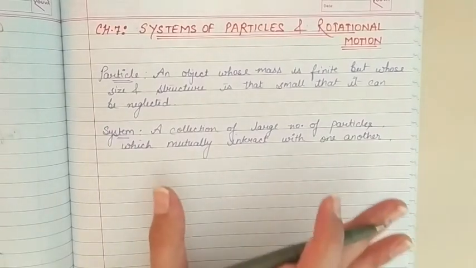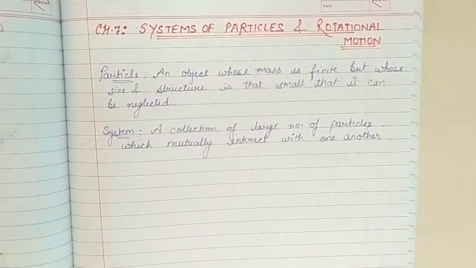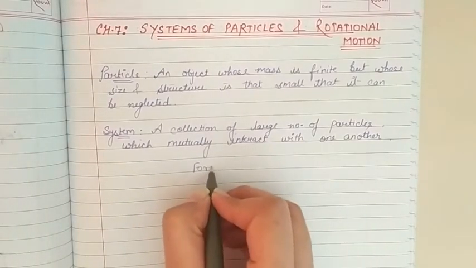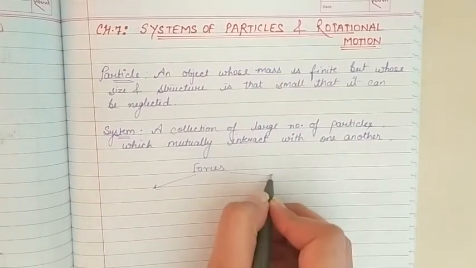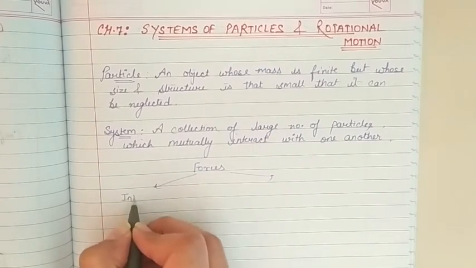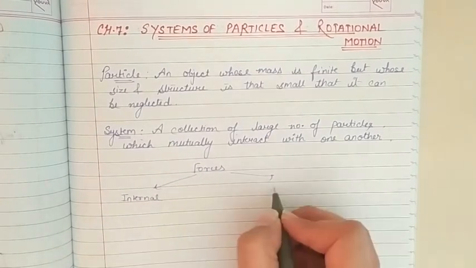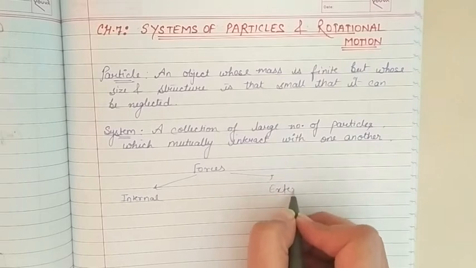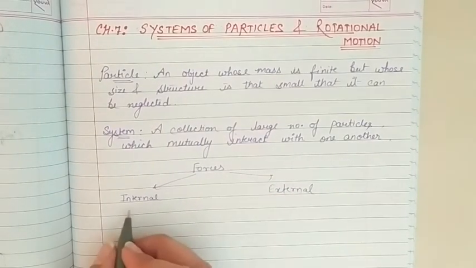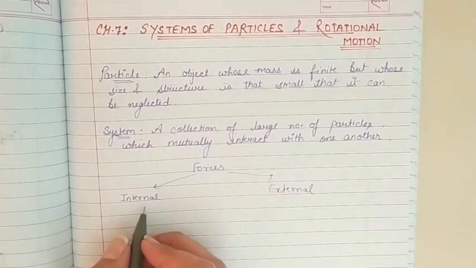Now since we have a system of particles, there are two types of forces acting on that system of particles. First is internal and the second is external. Internal forces are those which are exerted by the particles of a system on one another.